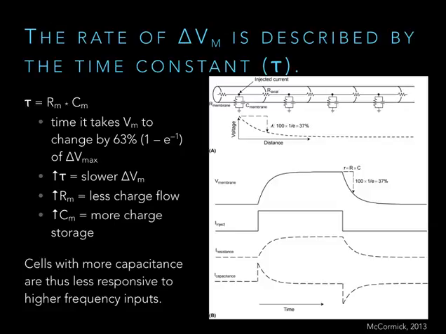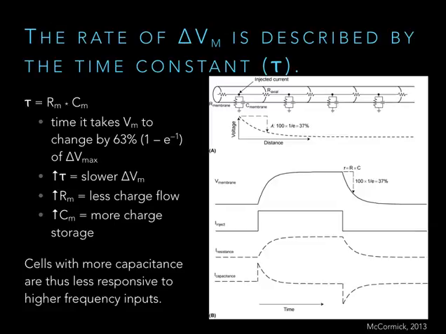If you increase resistance, that reduces your current, and thus it reduces the movement of ions that you need to create changes in membrane potential. On the other hand, if you have more membrane capacitance, then you have a bigger capacitor to charge. So you're going to steal away more of the charge to charging the membrane.